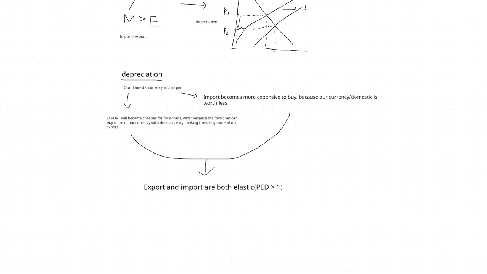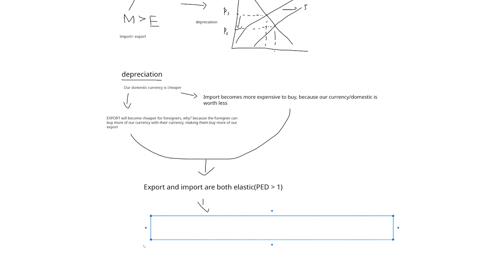Well, we know that for goods that are elastic, when there is a price change, so when the good is cheaper or more expensive, we will see a proportionately greater change in quantity demanded.